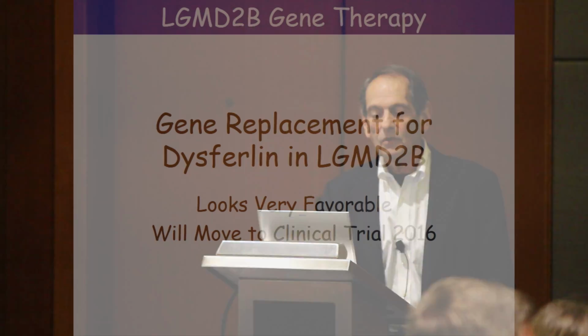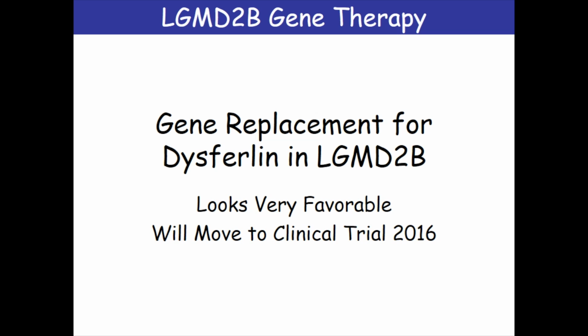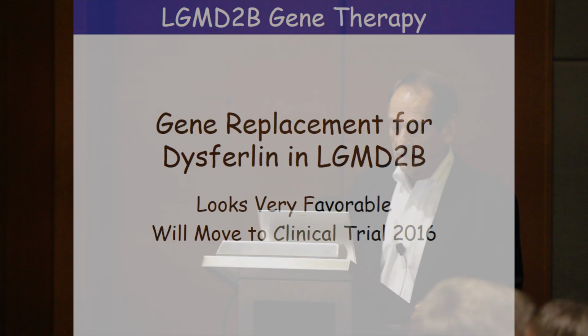It looks very promising. Where we are now is we've gone through the FDA steps, and I'll show you at the end of this talk, just in a couple of minutes, about where we are in that. Now, so replacement for 2B looks very favorable, and we anticipate moving this to clinical trial in 2016.